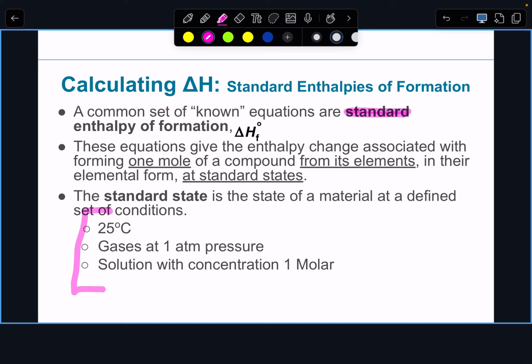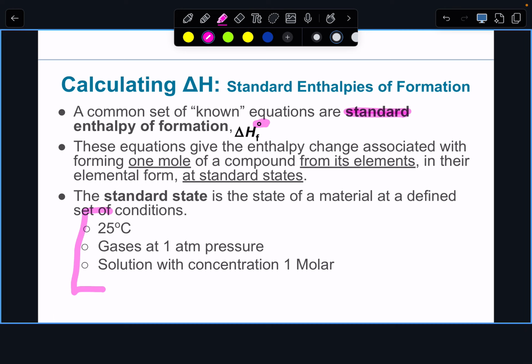So that's the conditions. That's where standard comes from. That's also what this little, looks like a degree sign, it's a naught. That's what is implying standard conditions. When you see that little circle, that's what it's telling you is this is 25 degrees C and 1 atmosphere of pressure, et cetera, et cetera.